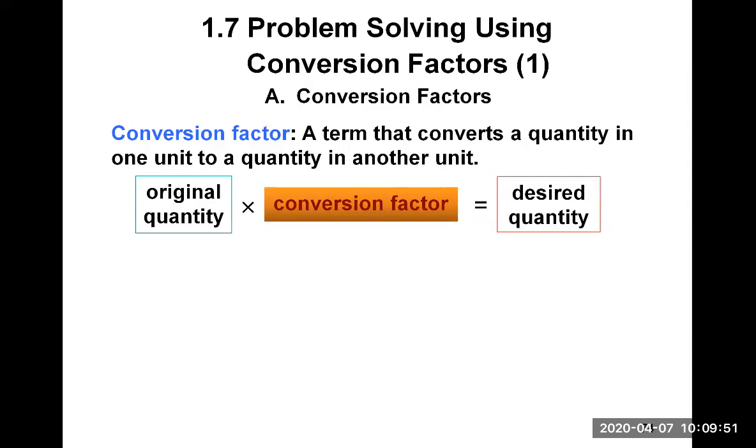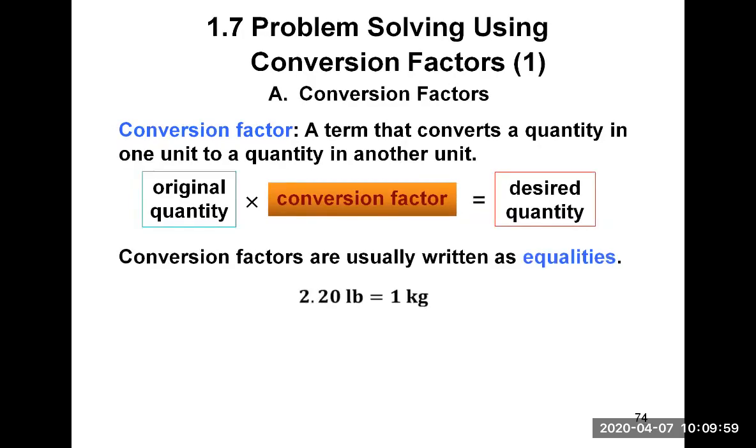Conversion factors are written from equalities, so we always start with an equality. For example, 2.20 pounds equals 1 kilogram. That's an equality because there is an equal sign between two statements.